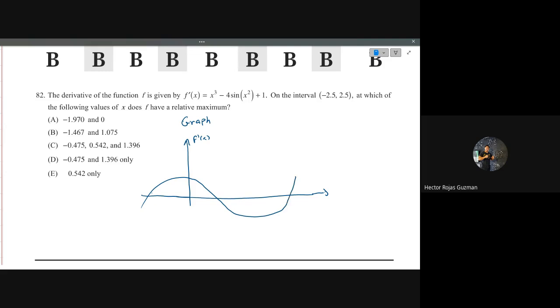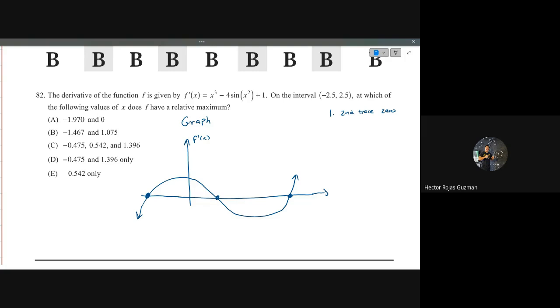So because we graphed the derivative, you want to find, first of all, the x-intercepts. And again, this graph is completely made up. I'm just using the fact that it's a cubic function, but it's probably going to look completely different. So you find your x-intercepts. You do your second trace, zero.